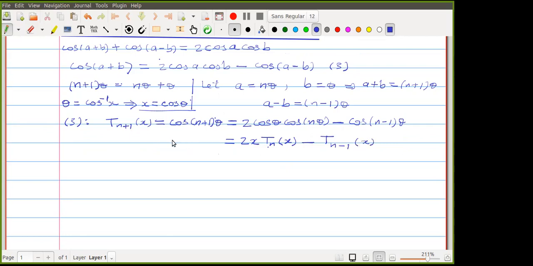So as a final result, Tn plus 1 of x is equal to this expression.